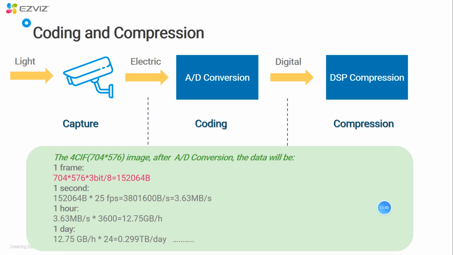For example, a frame in the 4CIF resolution picture is about 152,000 bytes, and in 1 second, it will be 3.63 megabytes per second, and for an hour, it will become 12.75 gigabytes per hour, and in a day, there will be 0.299 terabytes per day.